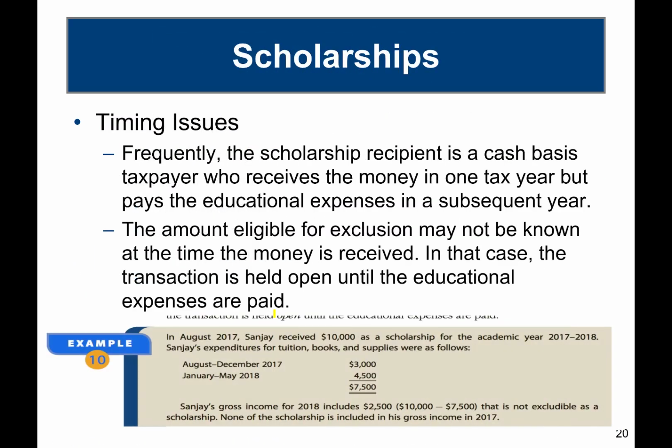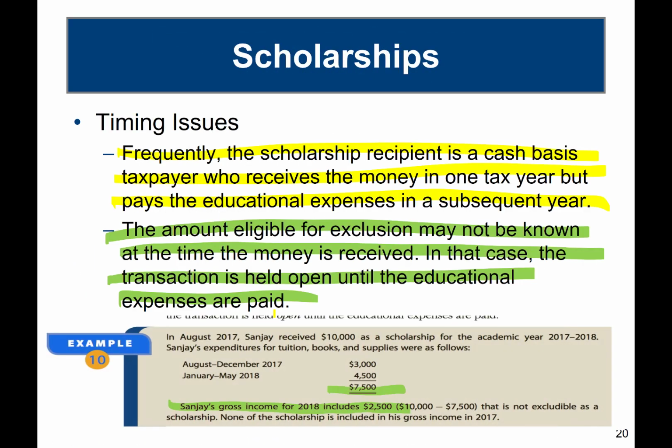Example 10, right here? How would it change if the taxpayer was what? So they're receiving the money in year one, and they're paying for the books, etc. in year two.